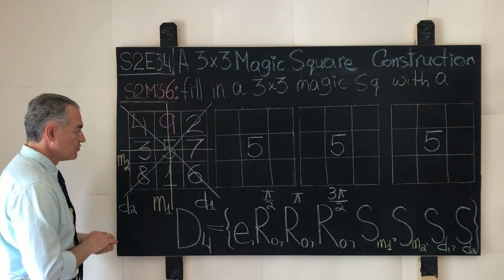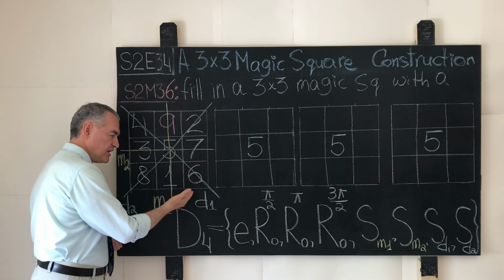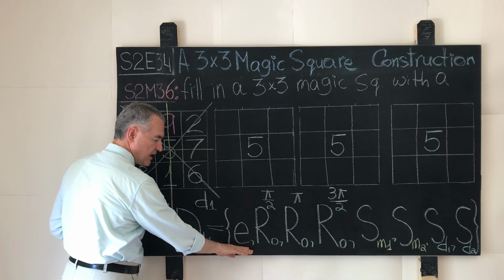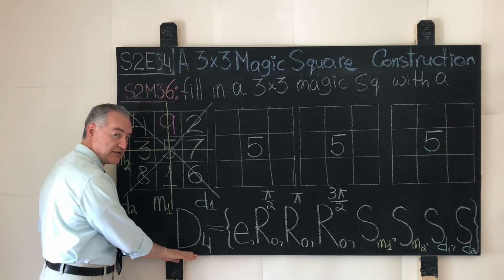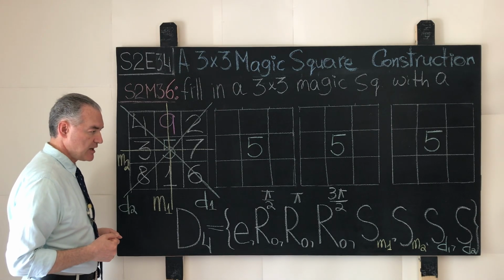As such, the question is, if we take the square that we constructed and correlate it with the identity element of the dihedral group D4, then what other good things can happen over here?